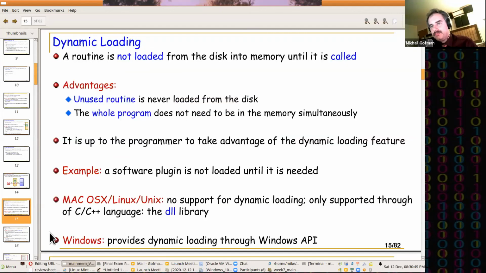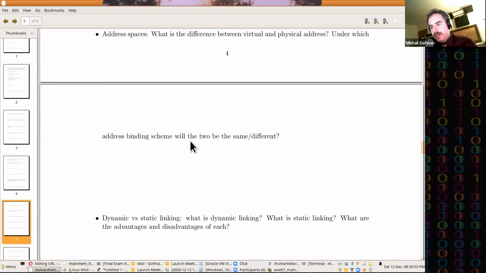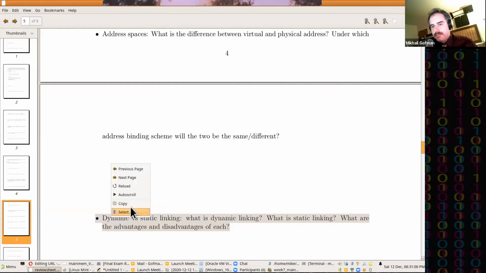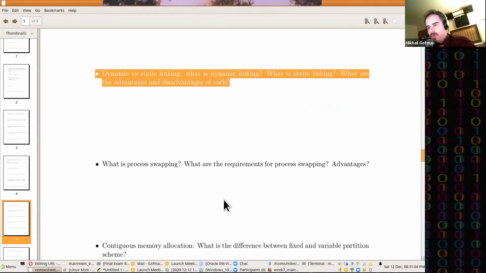And then the next question asks, dynamic versus static linking. What are the ups and downs? So let's talk about that.